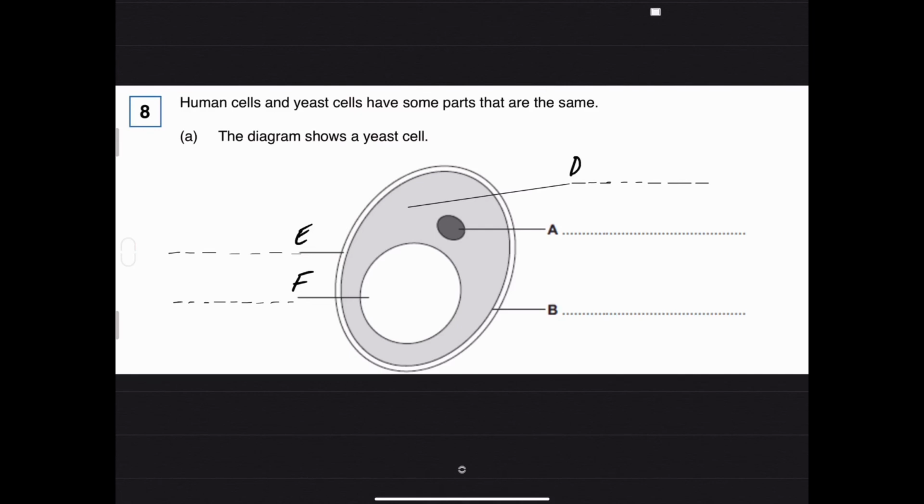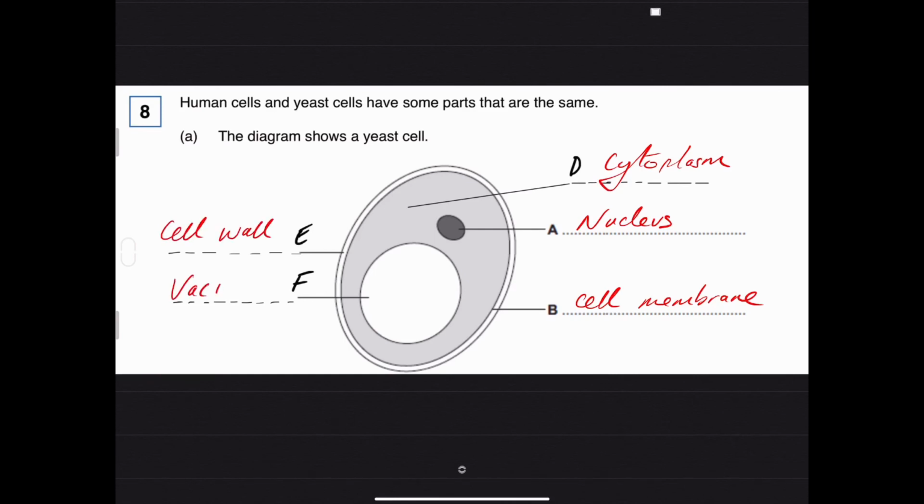All right, you should have nucleus, you should have cell membrane, you should have cytoplasm, and this one is going to be the cell wall, and here you should have vacuole.